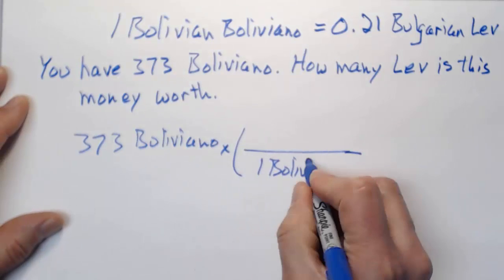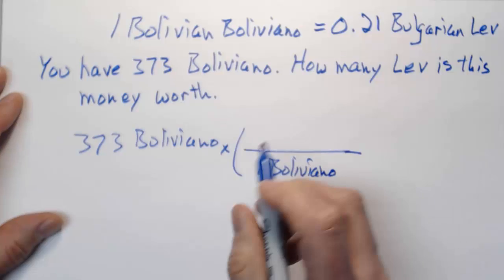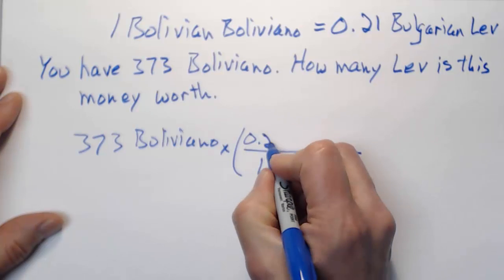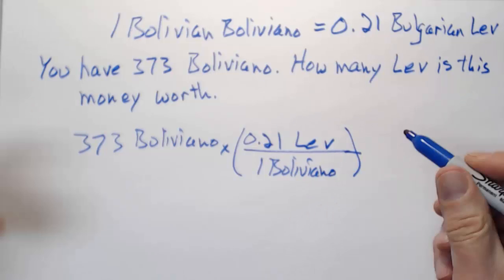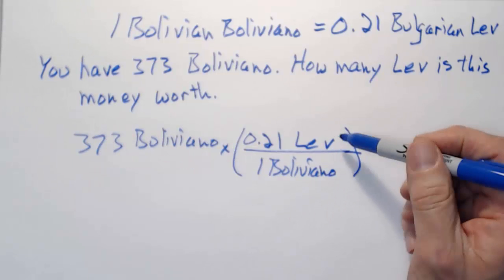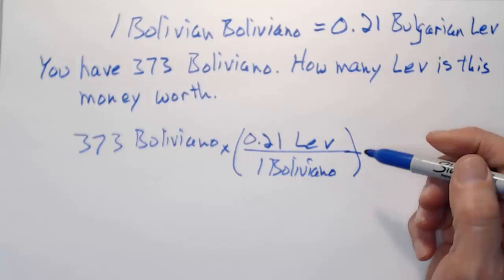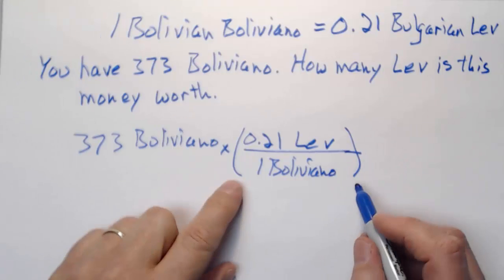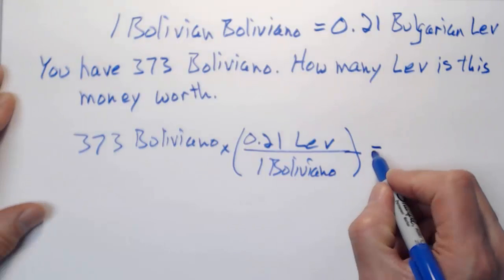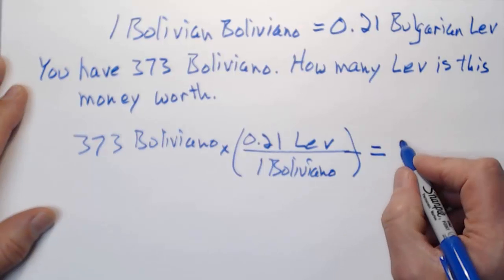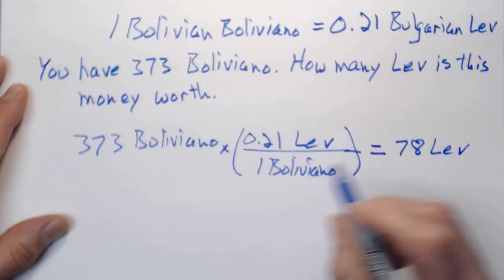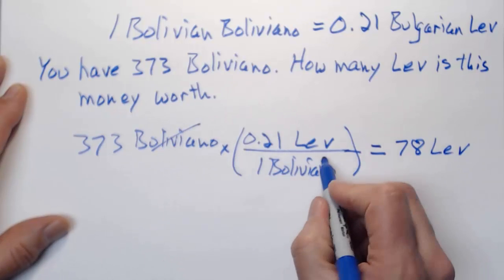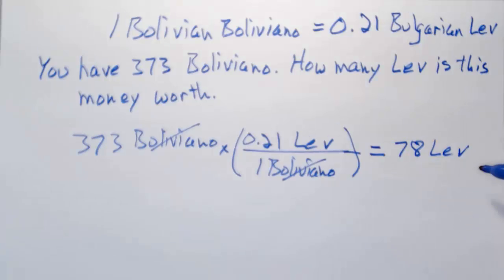So 1 Boliviano goes down there and 0.21 lev go up here. Because these two things are equal, dividing this one by this one is just equal to 1. So here's my funny looking 1. And when I do that multiplication, I find out that I have 78 lev. I have lev because the Boliviano have divided out, and that's what my result will be.